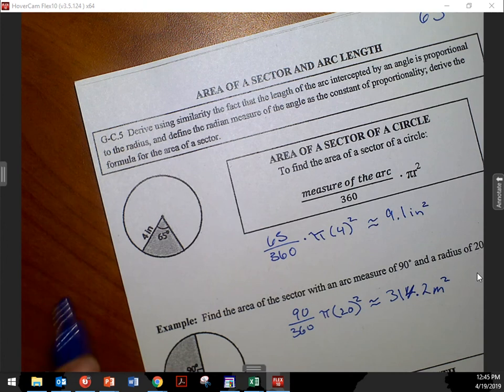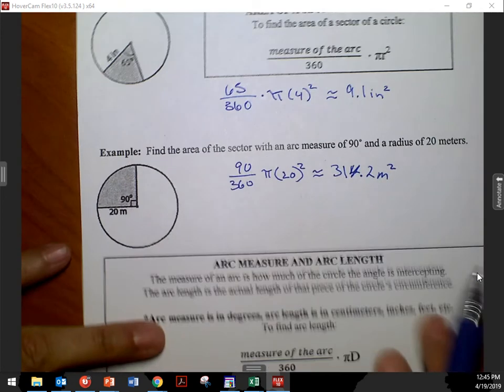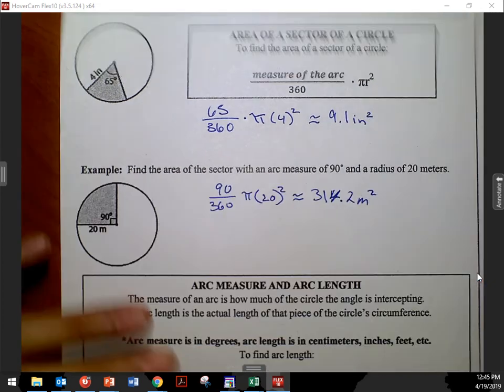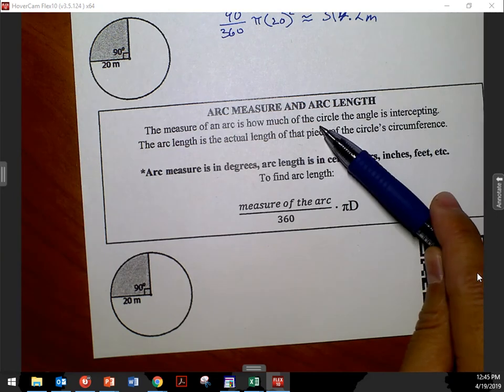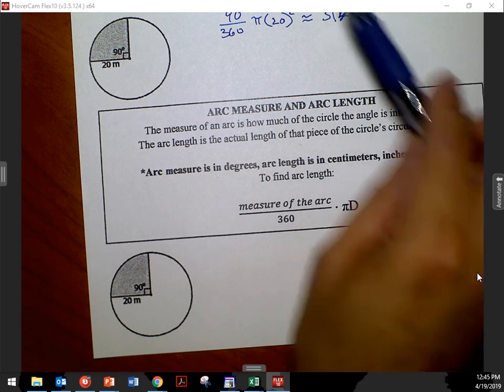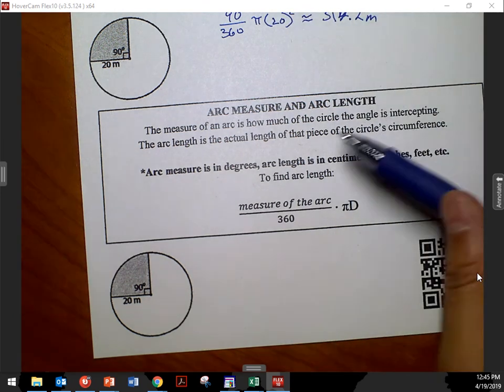Okay, let's try this again. So, this is the pizza. Arc length is pizza crust. That's the difference between these two right here. The pizza with all the toppings and all that other stuff is this, where arc length is just the pizza crust.